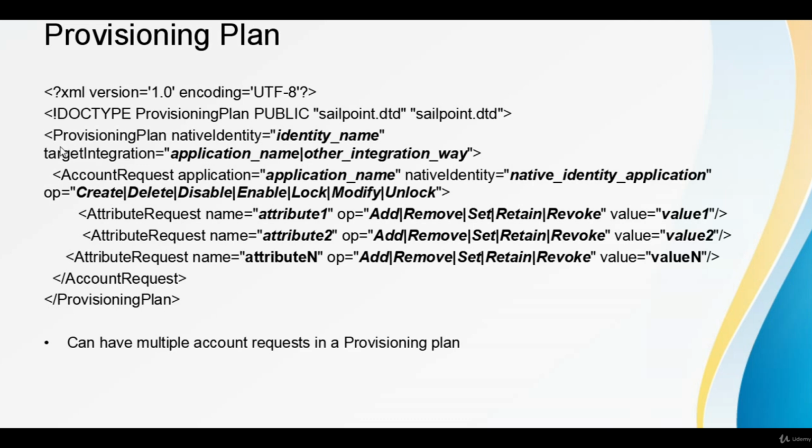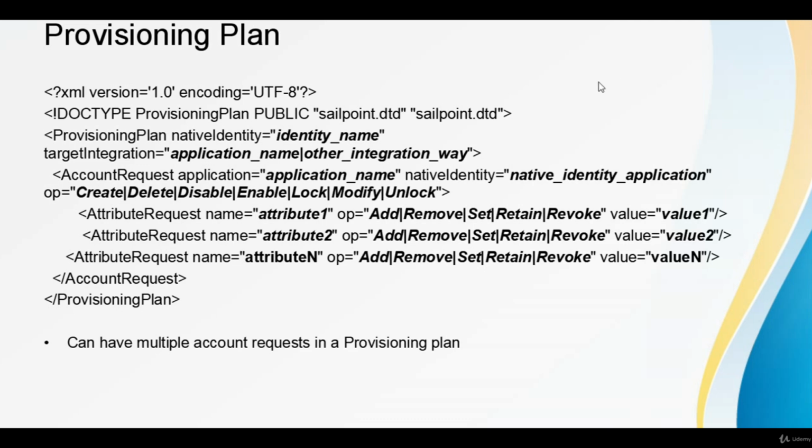Then next we have account request. So inside the provisioning plan object, we have a new object which is called account request. Account request tells you which kind of application and which kind of operations we are going to do on a particular account.